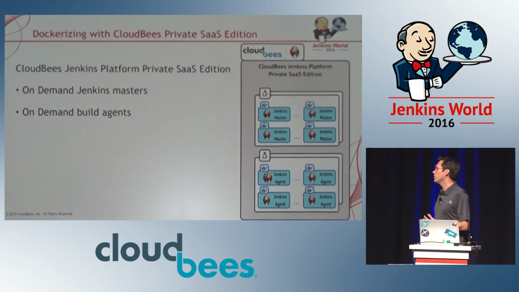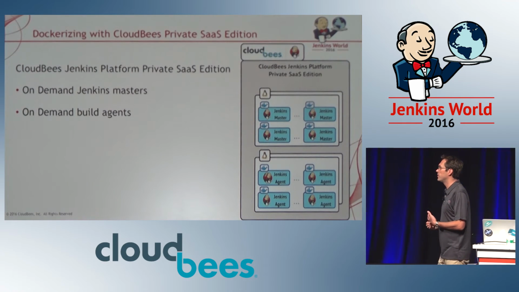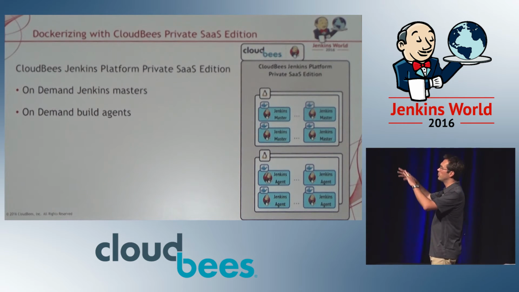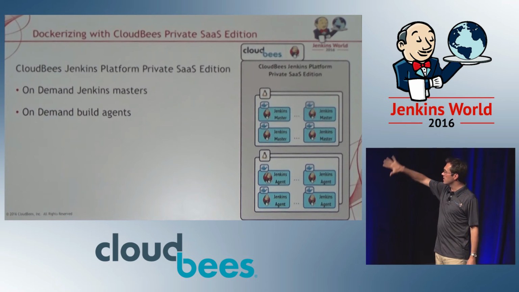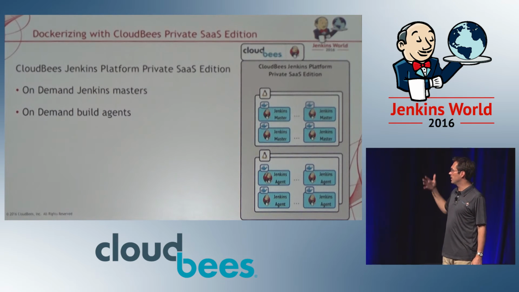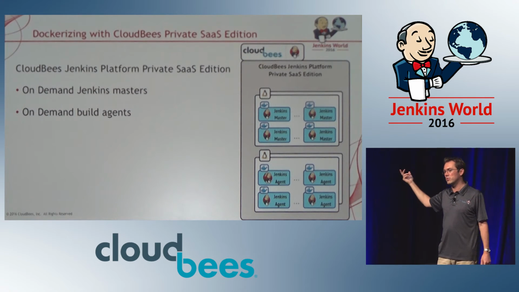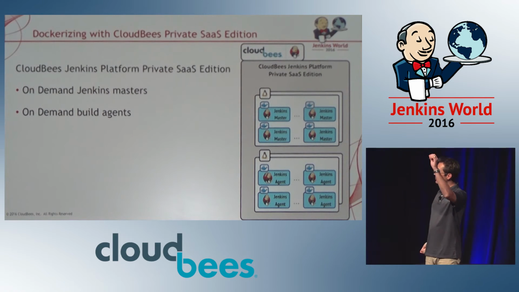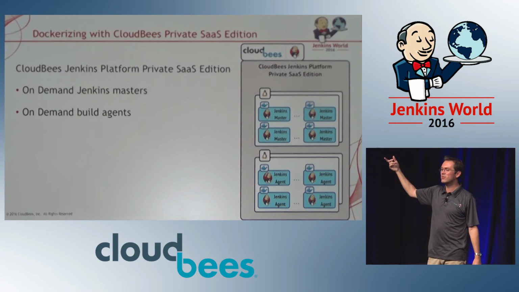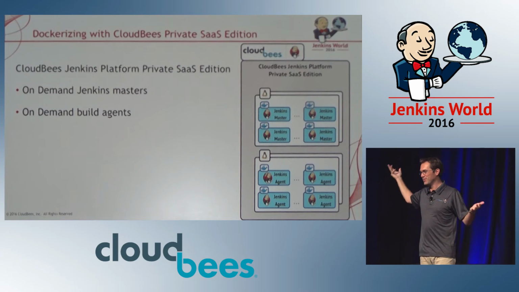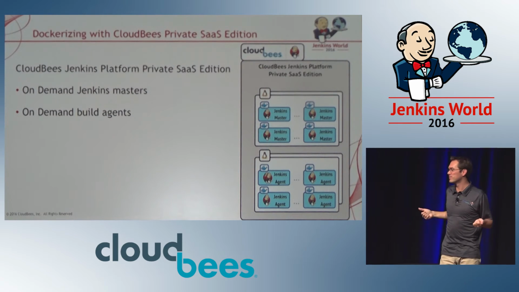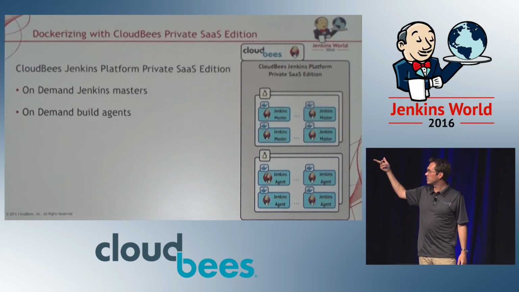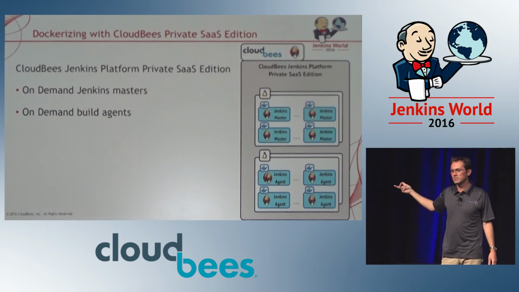I told you earlier that there were challenges with managing the configuration of multiple masters, and that you have to set up your Docker orchestration service and so on. So here, I will take my CloudBees hat, and I will suggest one solution to solve these problems. CloudBees has its Private SaaS Edition offering.